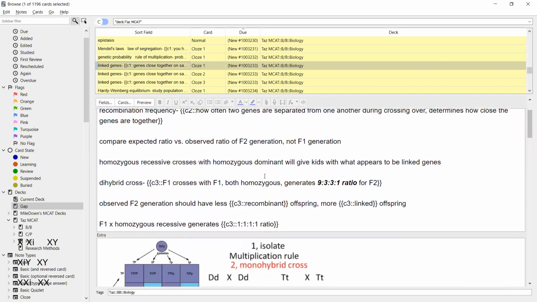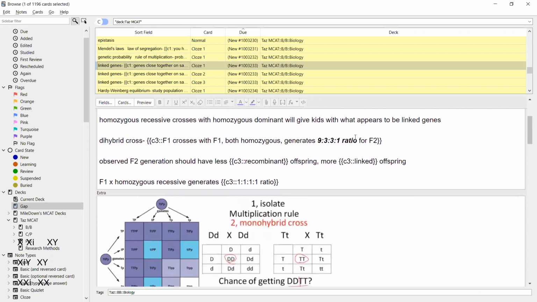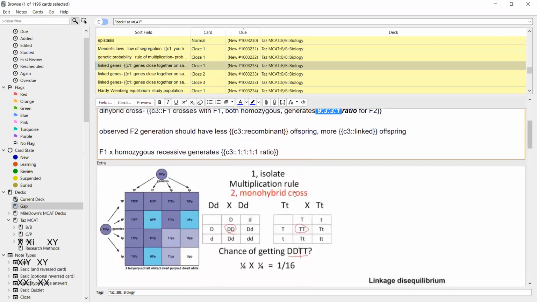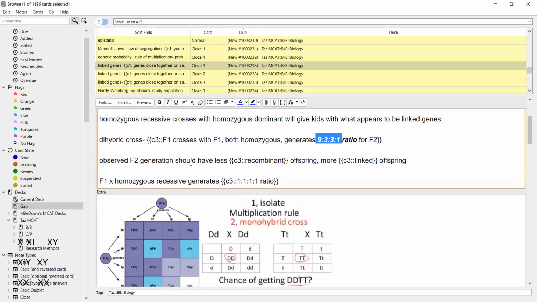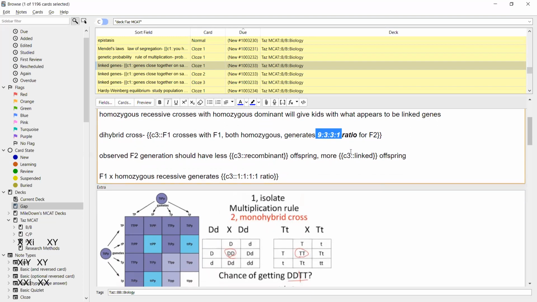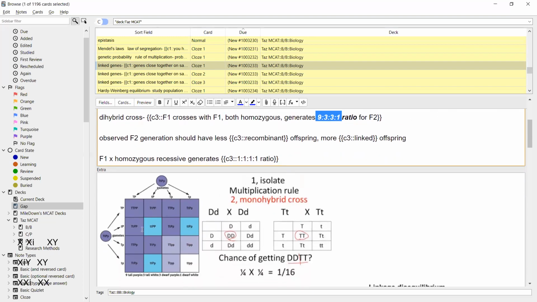Yeah. And so remember we talked about the 3-to-1 ratio and the 1-to-2-to-1 ratio for just a small cross. In this case, for the dihybrid cross, when you cross a heterozygous and a heterozygous, you get a 9-to-3-to-3-to-1 ratio.